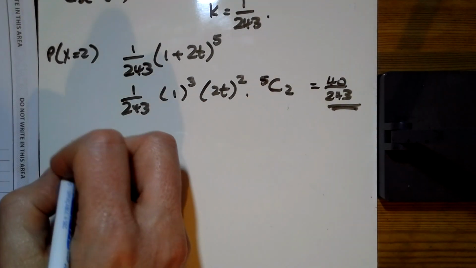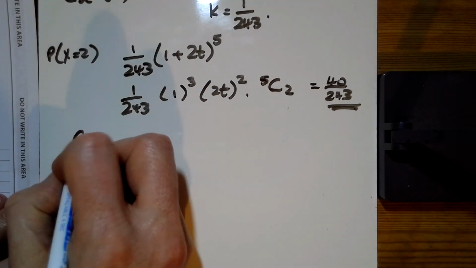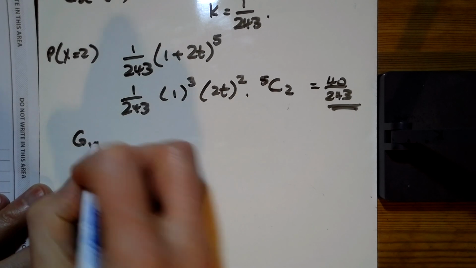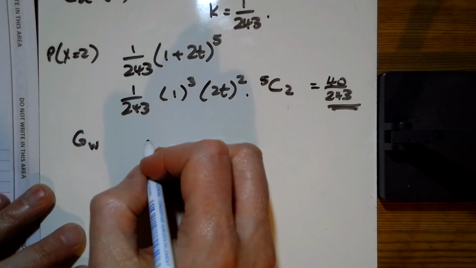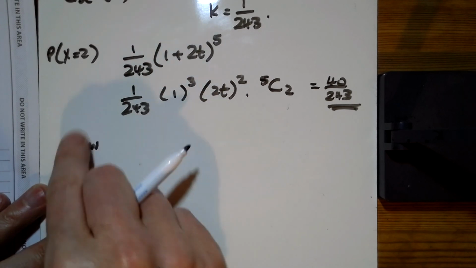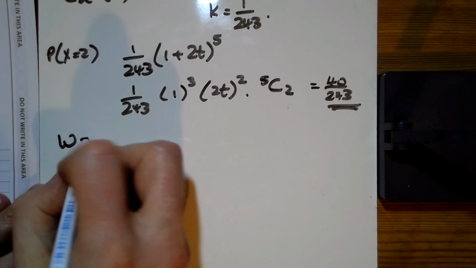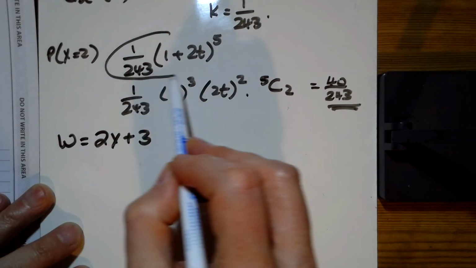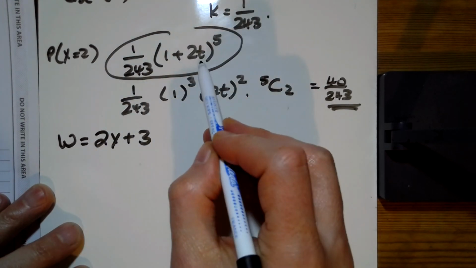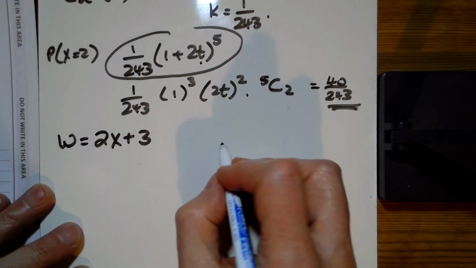These lovely ones where you change them. So we're looking for the generating function for the w here. Because w equals 2x add 3, I'm going to copy this. Instead of writing the t here, I'm going to write a t squared.